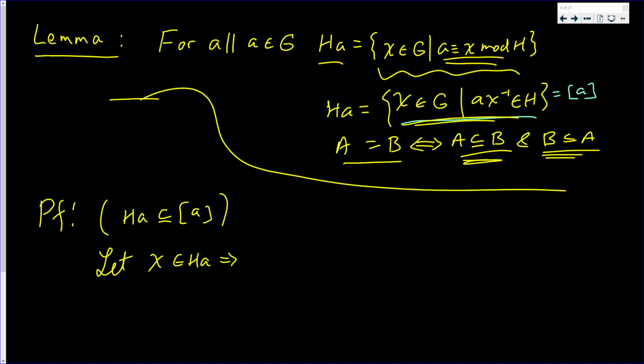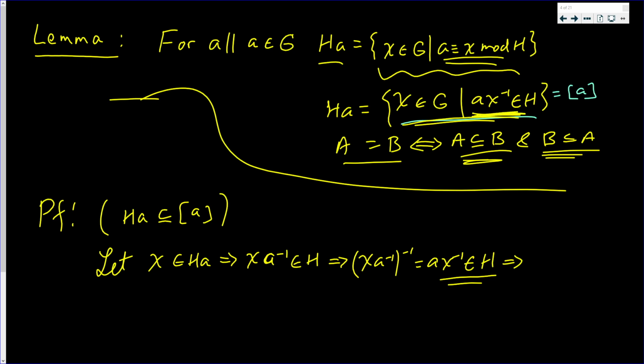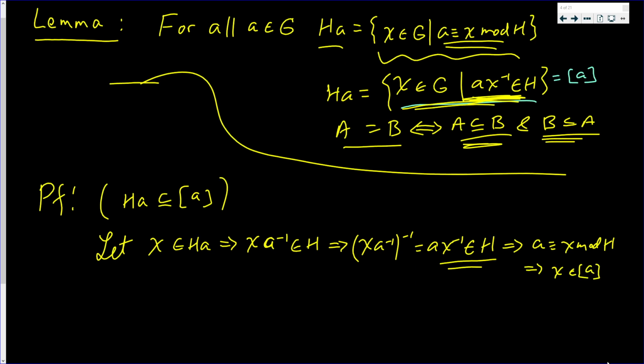That implies that xa inverse is in H. But that also implies that the inverse of xa inverse, which is ax inverse, is in H. But this statement is the same as a being congruent to x mod H. That implies that x is in a brackets.